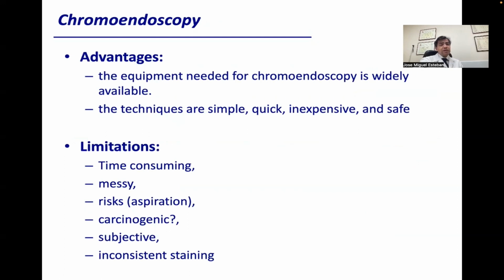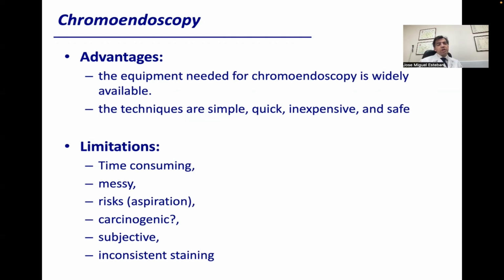The advantages are that the equipment needed is widely available, and the technique is simple, quick, inexpensive, and safe. Which are the disadvantages or limitations? It is time consuming, but most of these studies need time.